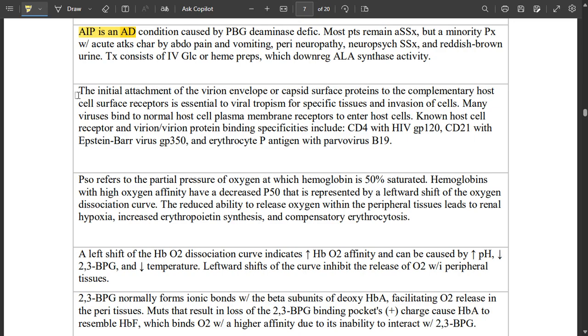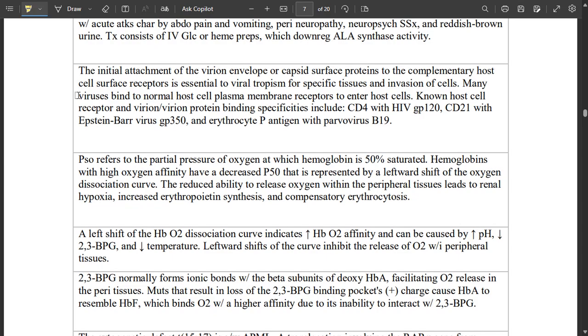And erythrocyte P antigen binds with parvovirus B19. So parvovirus B19 and the RBC's P antigen on the surface bind together. This is the cause of viral tropism.